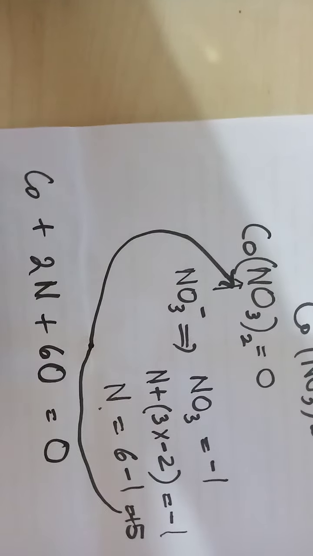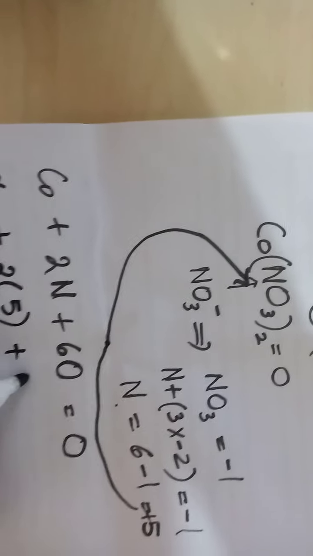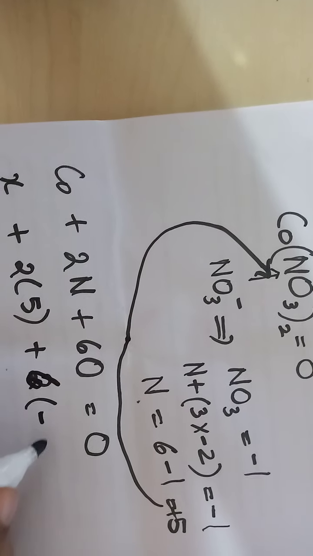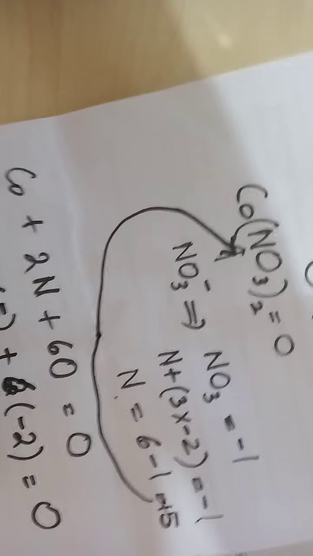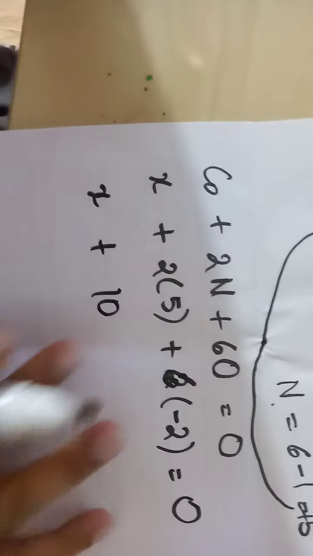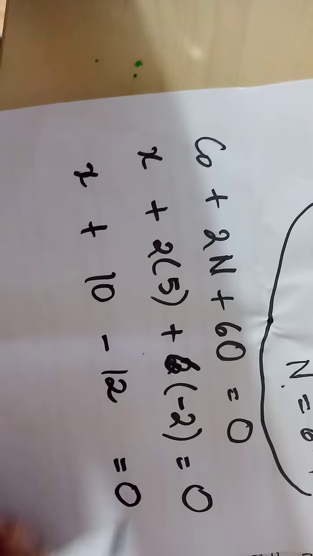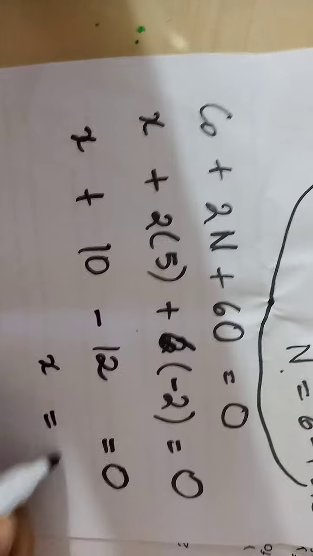So that will be x plus 2 into 5 plus 6 into minus 2 equals 0, and that would be x plus 10 minus 12 equals 0. It would be x equals 2.